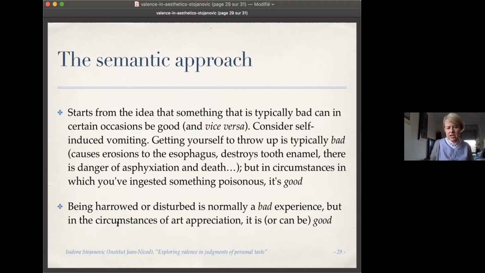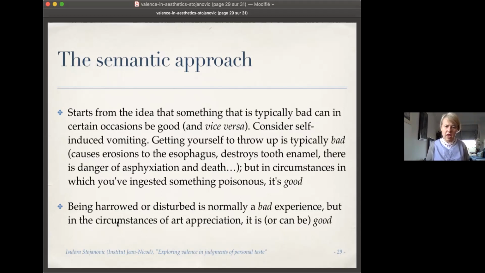So just as in the case of self-induced vomiting, properties such as provoking emotions that are deeply negative, being harrowed, being disturbed, being shocked. So very often in ordinary life, those experiences are bad.